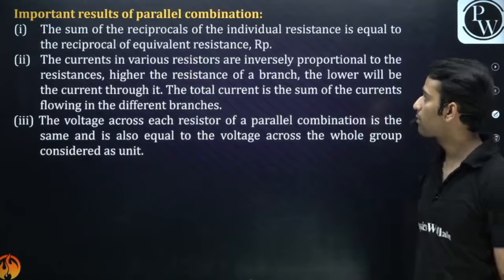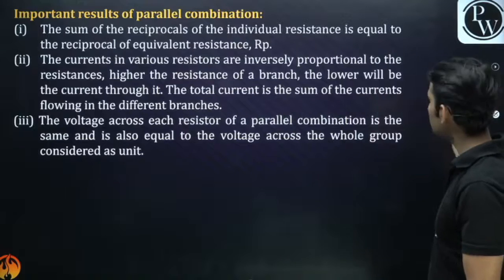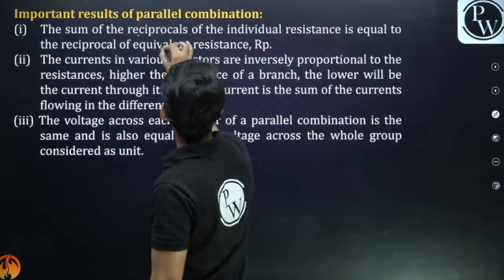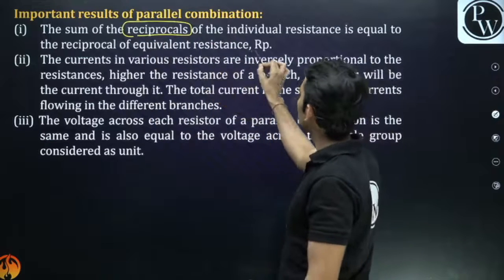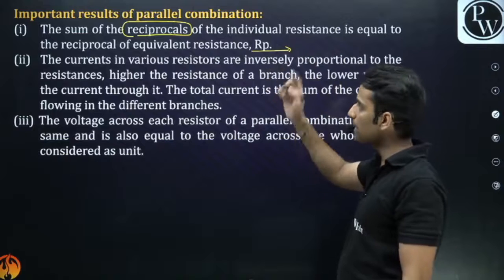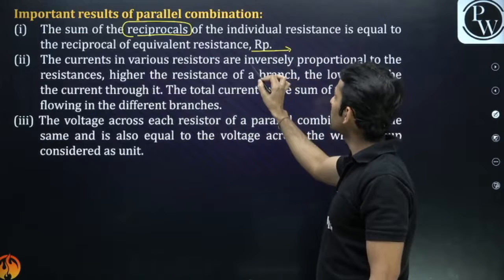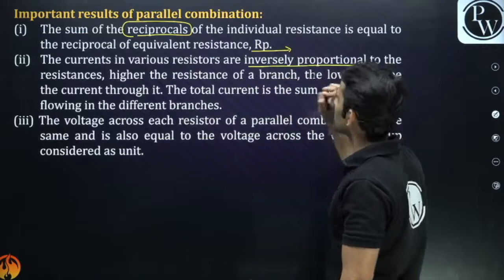Now what are the various properties we have in parallel combination? First, the reciprocal of the effective resistance is equal to the sum of reciprocals of individual resistances: 1 by R is 1 by R1 plus 1 by R2. Next, current is inversely proportional to the resistances.